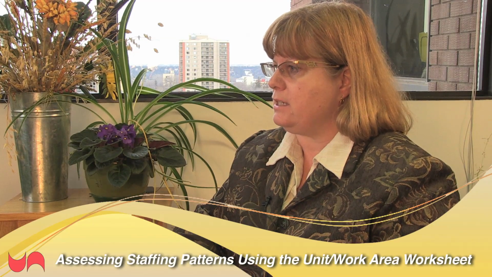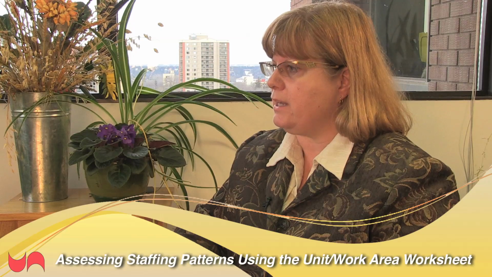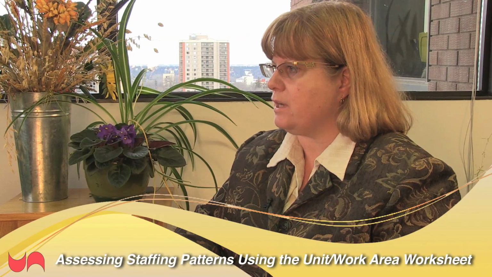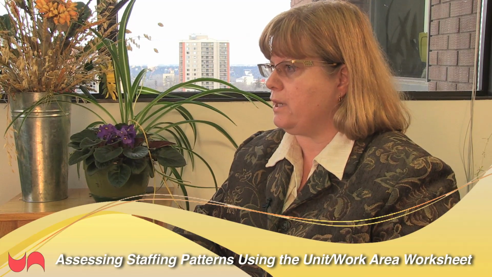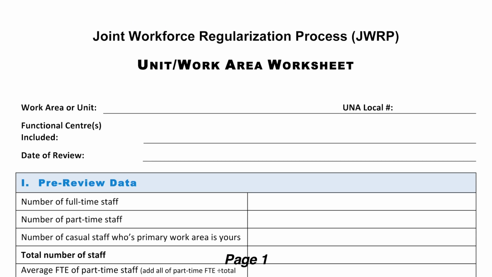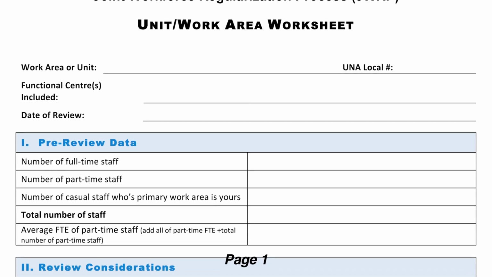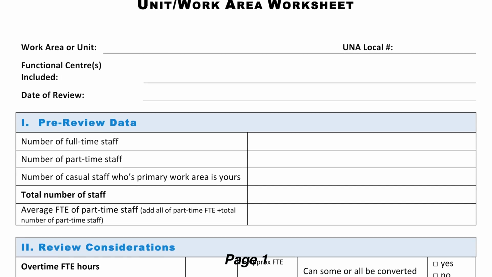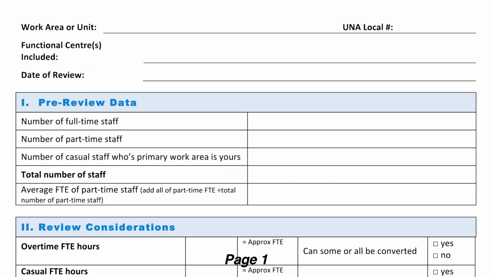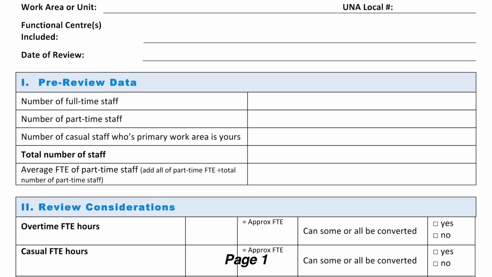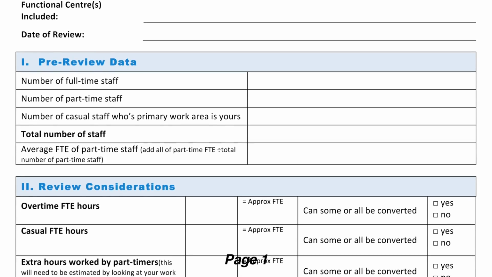And it's intended to be a summary of the data findings and their analysis that they've discovered for their individual work areas. The front sheet provides a summary of the staff as it currently exists, the number of staff that are available, their casual staff that are available to them, and it also looks at how they've analyzed their data.